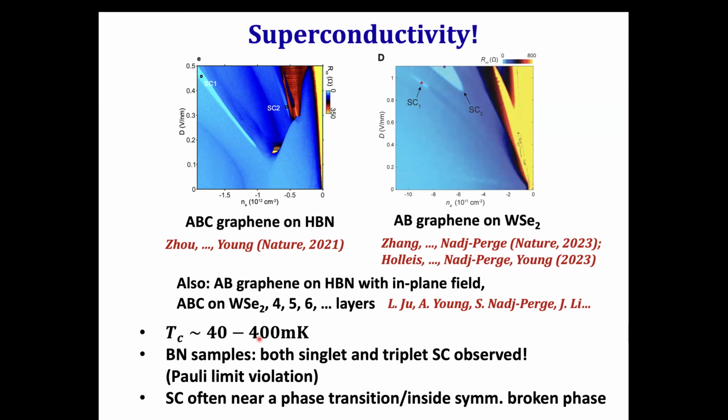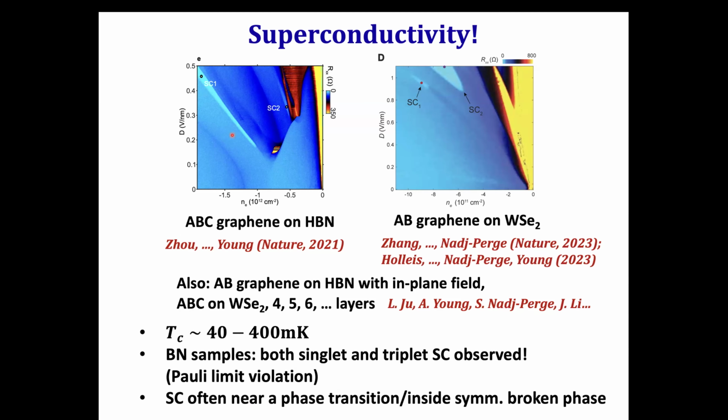So that's already interesting. Another common feature of all of these superconductors in these different systems is that they always occur either near a phase transition between two symmetry broken states or inside one of the symmetry broken states. So for instance here, this is very apparent. This phase over here is the symmetric phase.